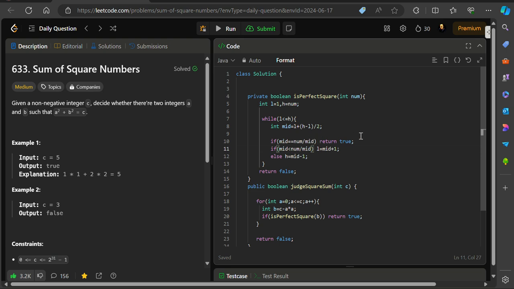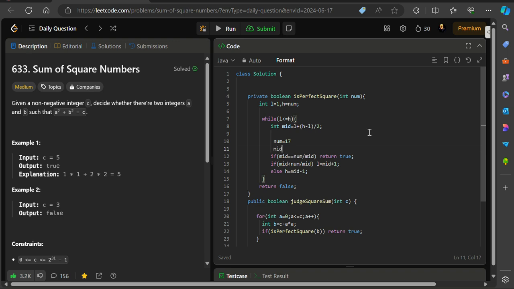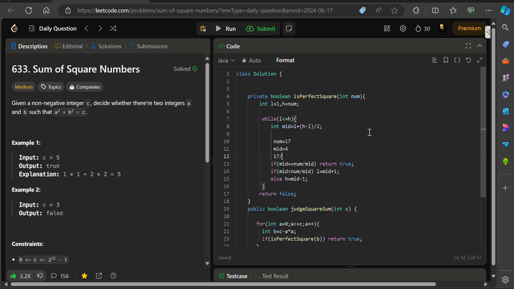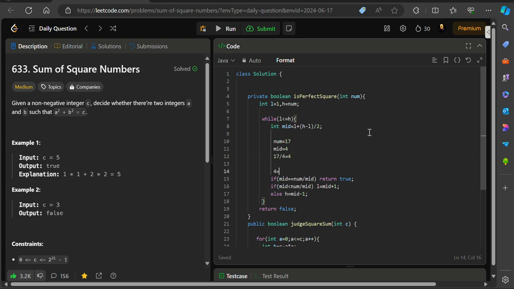For example, if my number is 17 and the mid is 4, now 17 cannot be a perfect square, right? If I divide 17 by 4, it will return 4. Now 4 equals 4 will return true, but this is not right because 17 cannot be a perfect square.